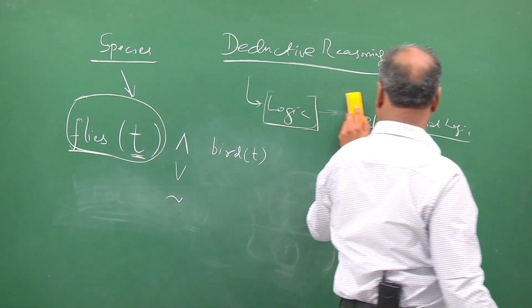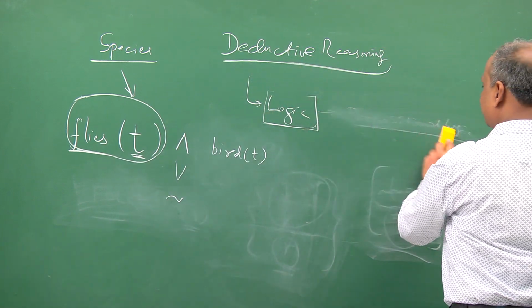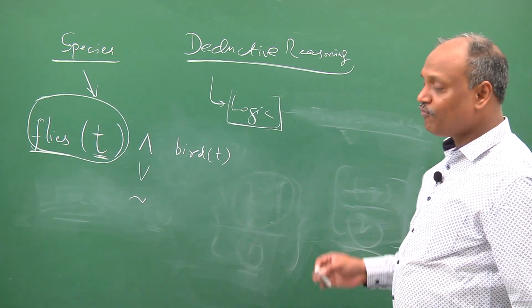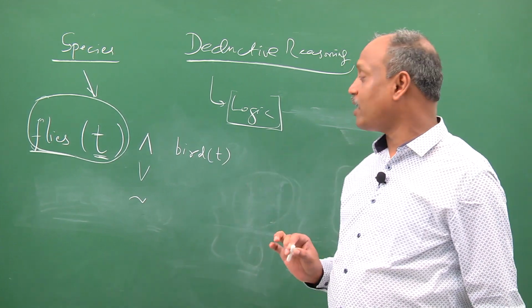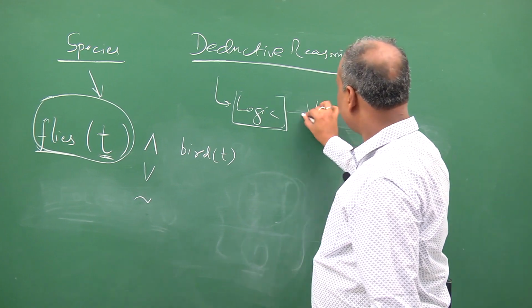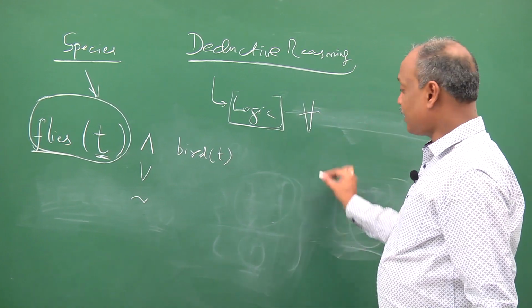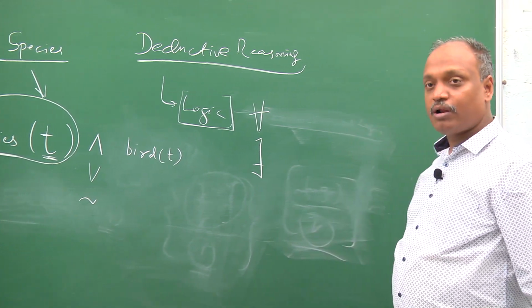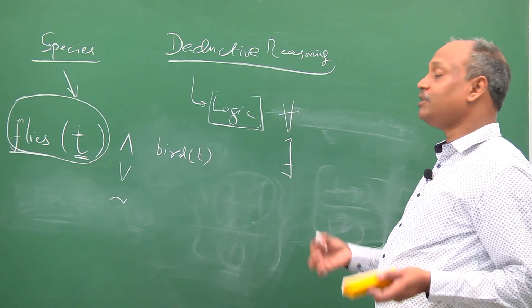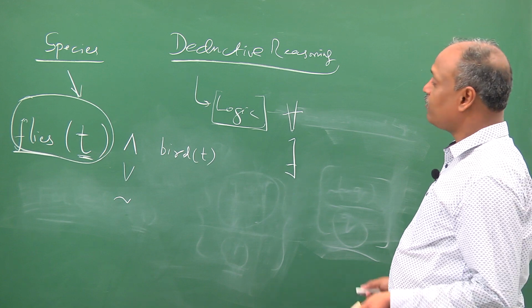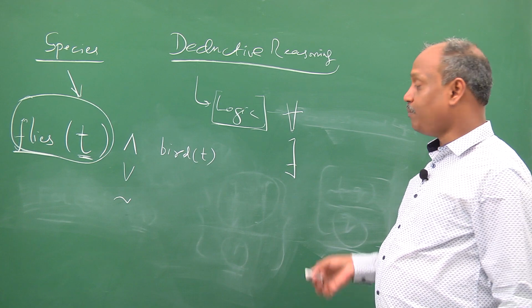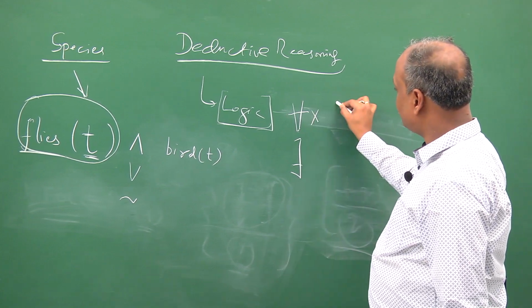So in the context of first order logic, let us see how a rule of inference would look. For a rule of inference, we need to have two basic qualifiers. One we call for all, and the other we call there exists. When you say for all, we basically represent universal truths, or universal facts.